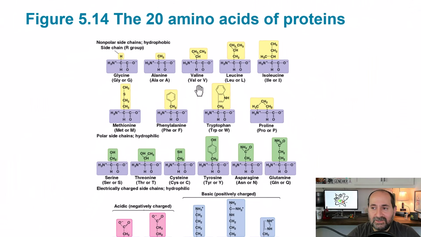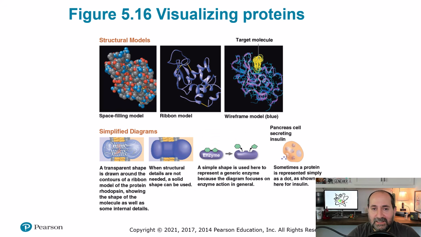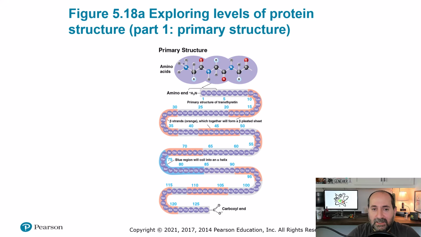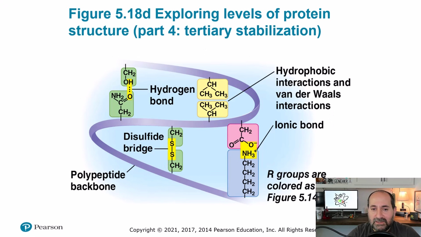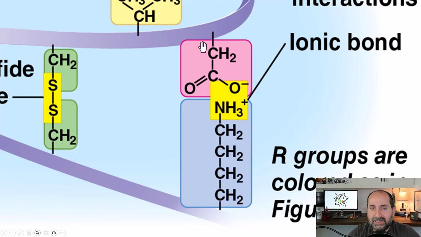So that's not good because remember, proteins need to fold correctly in order to function correctly, right? And look at this. So again, imagine we just swapped an acidic, you see this would be an acidic amino acid with a negative charge that's supposed to make an ionic bond with a positive charge.